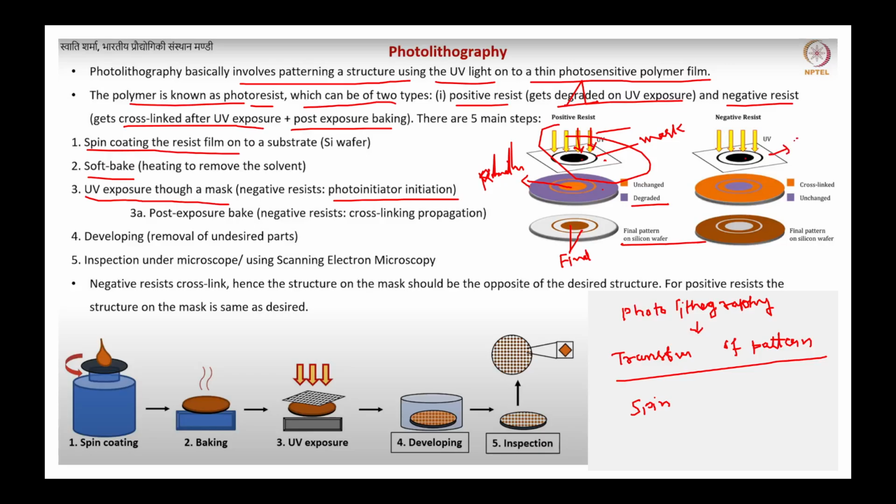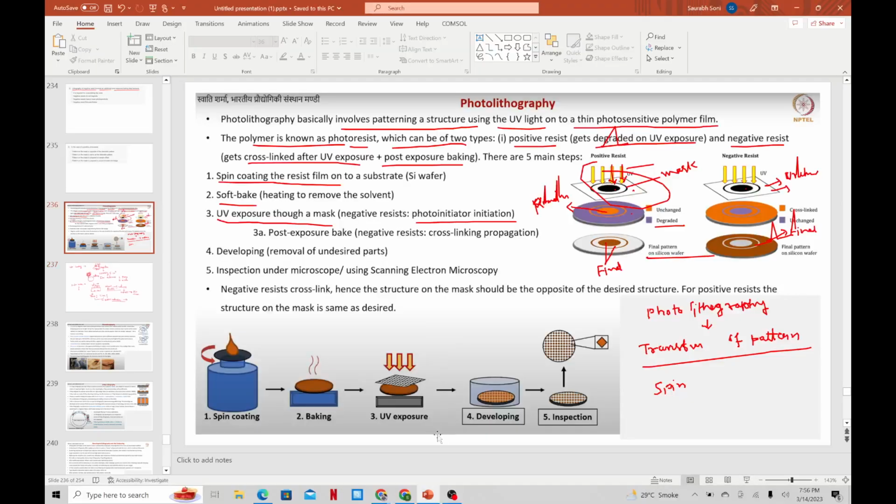This will get cross-linked, and this part will be unchanged. In the final pattern you will get this one, and this will be your end result. So this is just opposite to what we have seen in the case of positive resist.